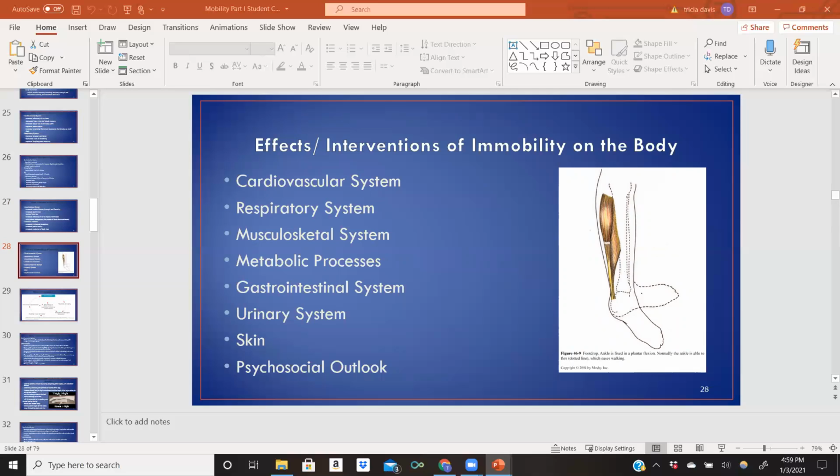So you can see how much good you gain from exercising, and then you're also going to see how much bad can happen when you have a lack of exercise. So again, it's going to affect the cardiovascular system, the respiratory system, the musculoskeletal, those metabolic processes, your gastrointestinal system, your urinary system, your skin, and then your psychosocial outlook.